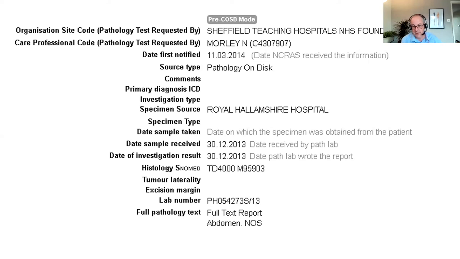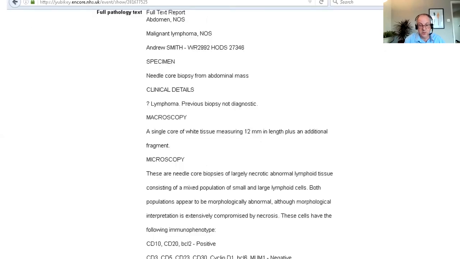You'll see a strong similarity to my own pathology report for my X-ray on my ankle. It's the same principle for a much more complex set of tests, in this case for cancer, but the structure is the same. It's dates, times, codes, but then you can also click through, and similarly, there's lots and lots of free text. So this is the actual free text for somebody who's been through this process.